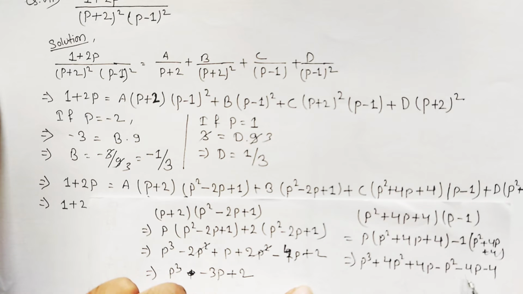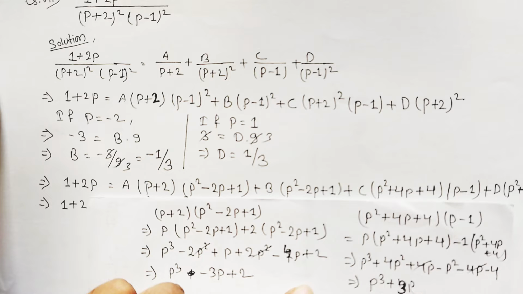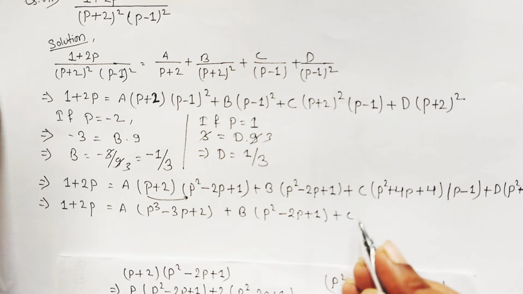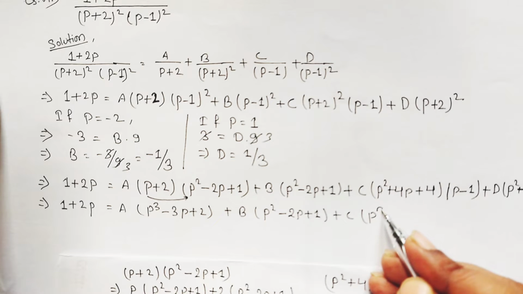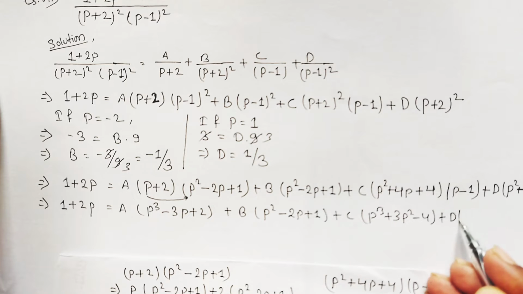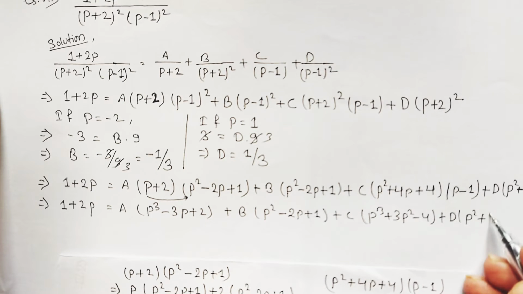So 4p and minus 4p cancel out, giving p cubed plus 3p square minus 4. I hope you know the algebraic multiplication. Plus D times (p square plus 4p plus 4).